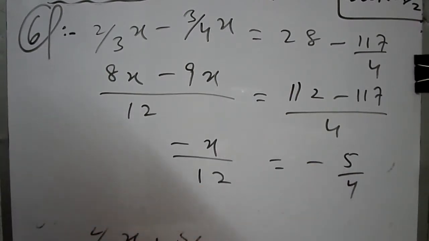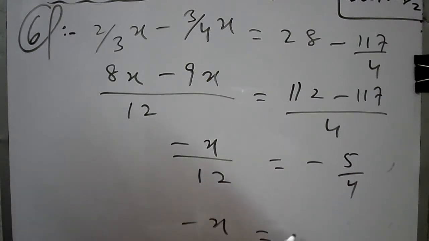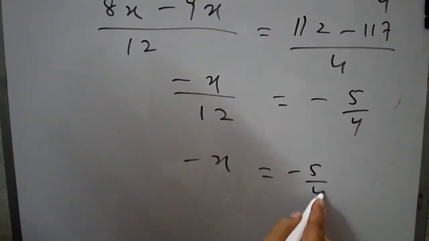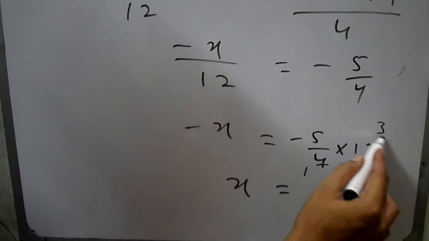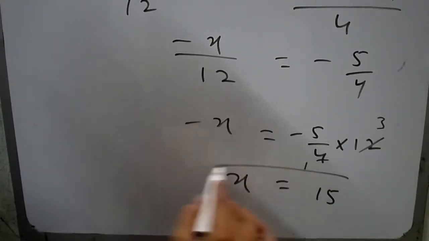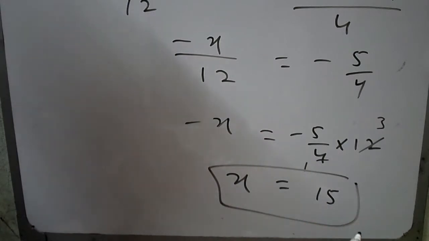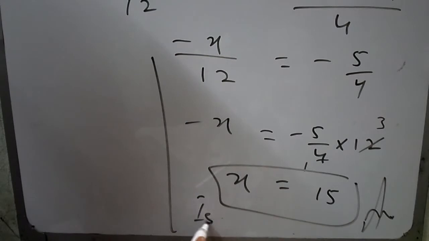By using cross multiplication you will get minus x is equal to minus 5 by 4 multiplied by 12. Minus minus will be cancelled, so 4 1s are 4, 4 3s are 12, so 5 3s are 15. So the value of x is 15, that is your first part, or first number.